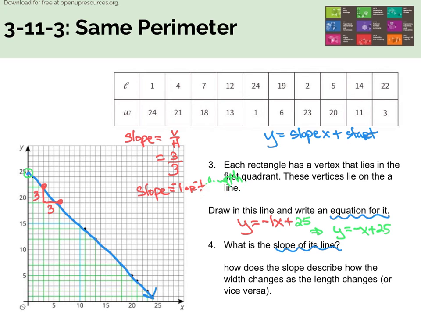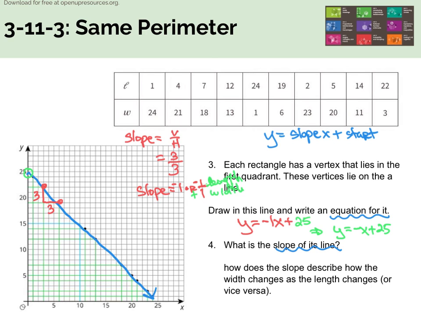So let's erase that. To take away the length, that means we need to add a width. And if you look at the graph itself, that goes along with it. We're going down, taking away a length, and then we're adding a width to it. That's what this slope actually means.